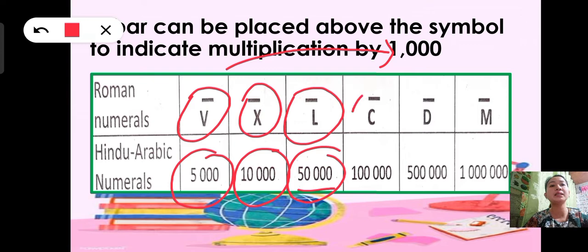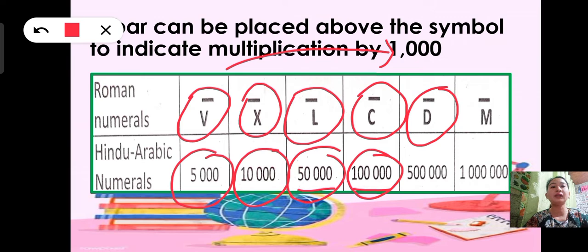Roman numeral C that has a bar on top, its value is 100,000. Roman numeral C is 100, multiply it by 1000, so we get 100,000. Roman numeral D that has a bar on top, its value in Hindu-Arabic numeral is 500,000.